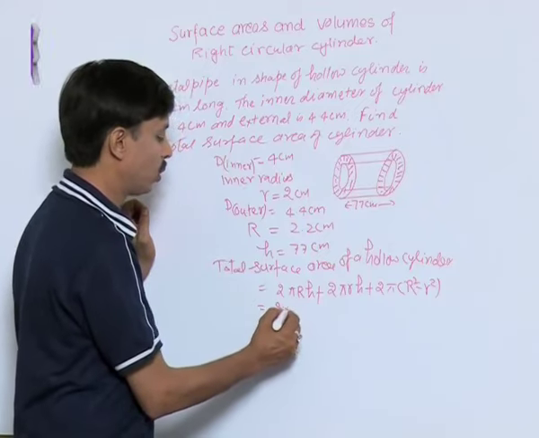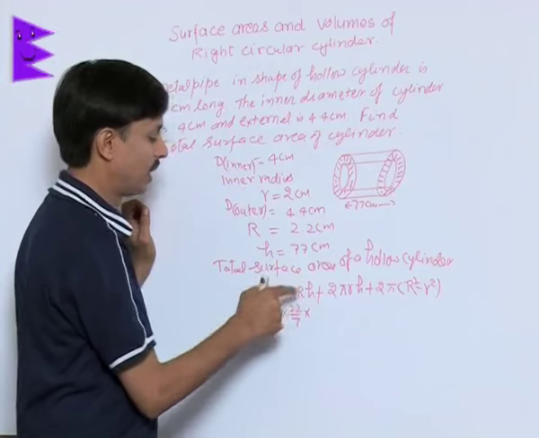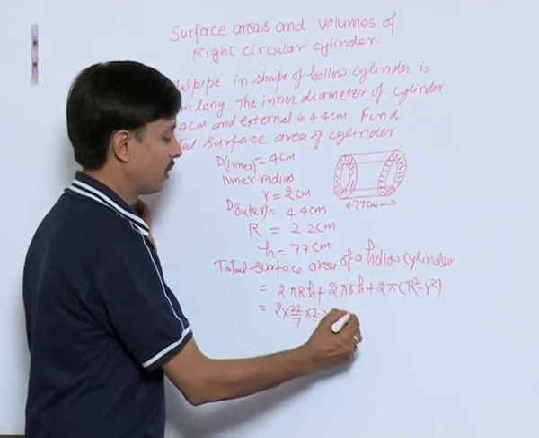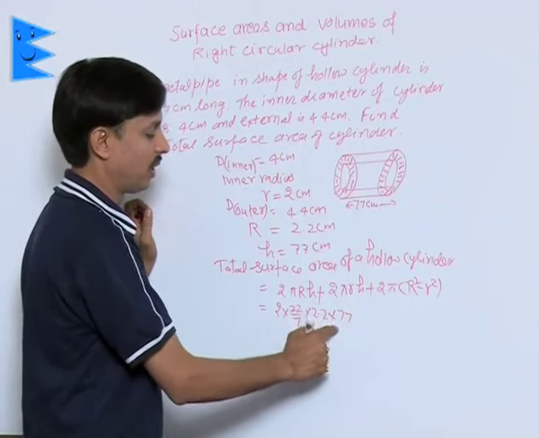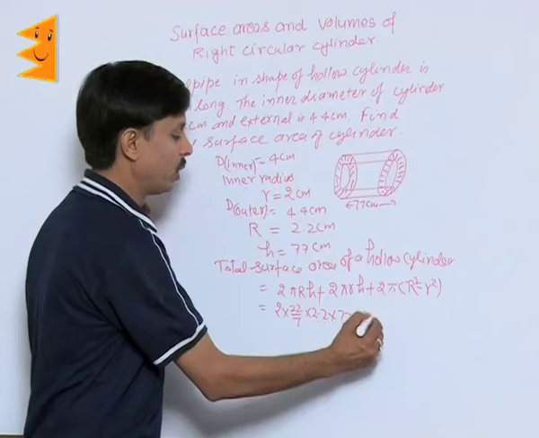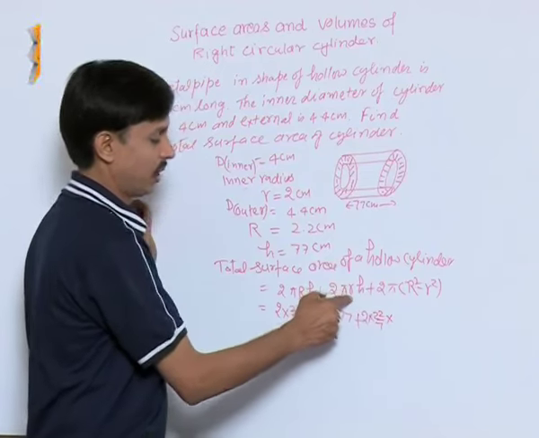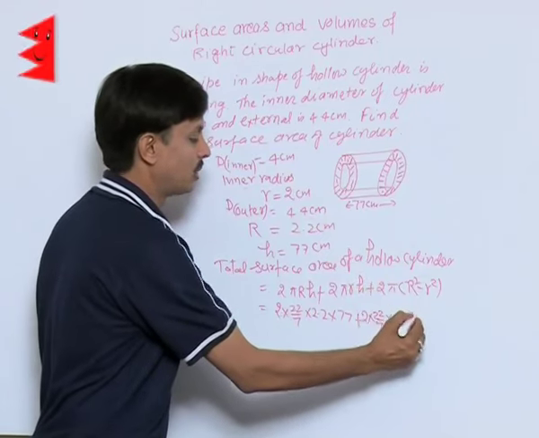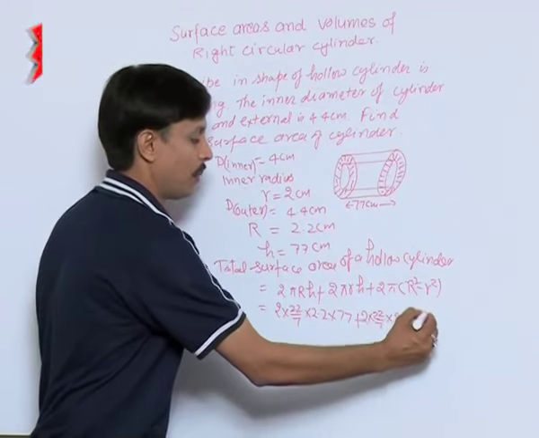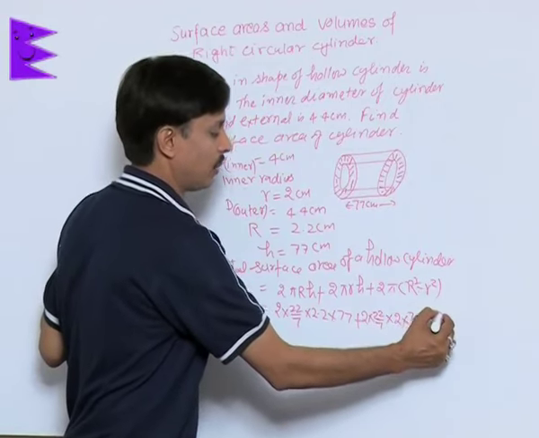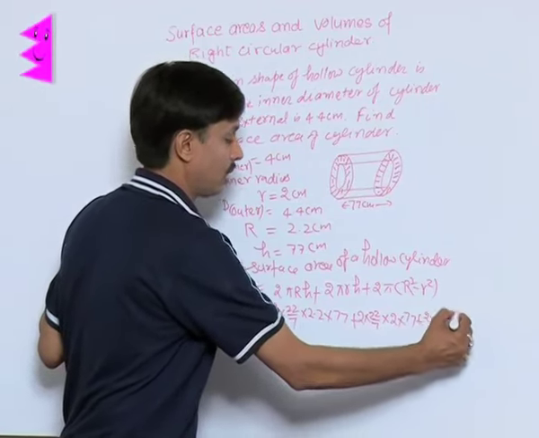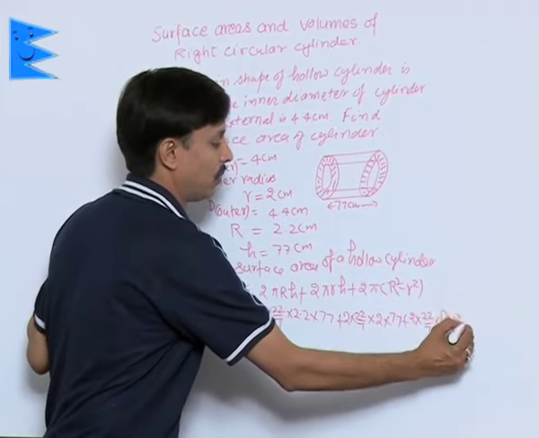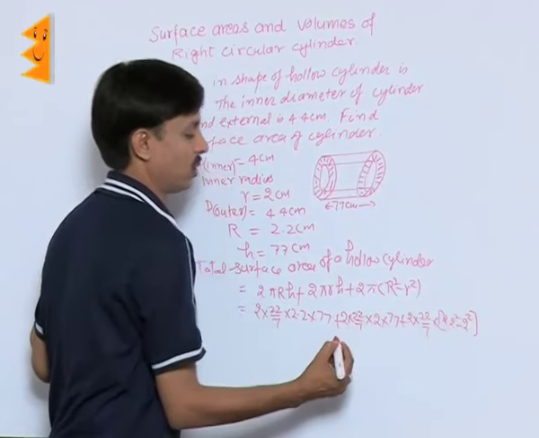This is 2 into pi, meaning 22/7, outer radius 2.2 into height 77, that is 2 pi capital R into h, plus 2 into pi, meaning 22/7, inner radius is 2 units, into the same height 77, plus 2 into pi, meaning 22/7, capital R outer radius 2.2 whole square minus the inner 2 square.